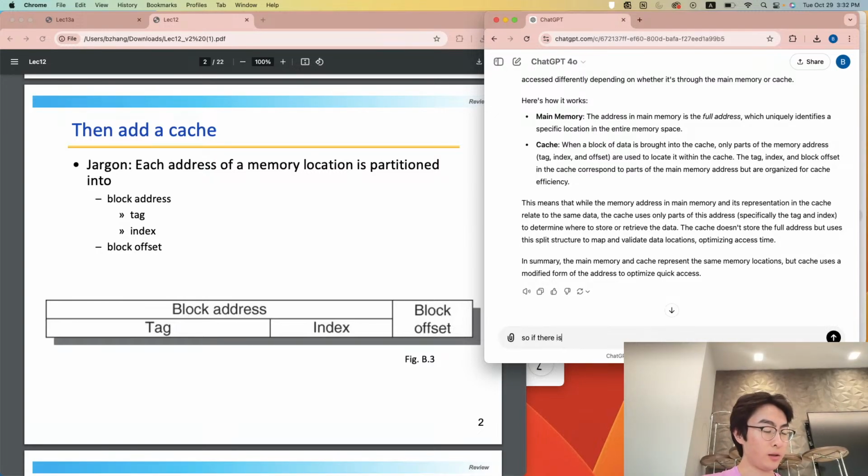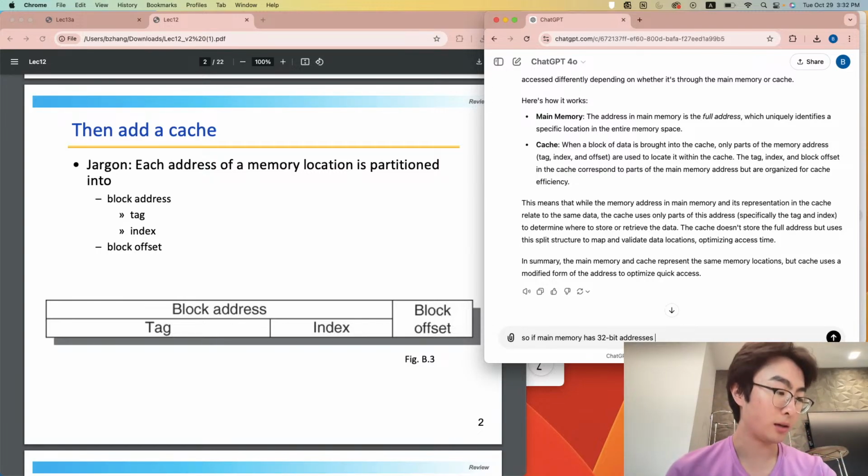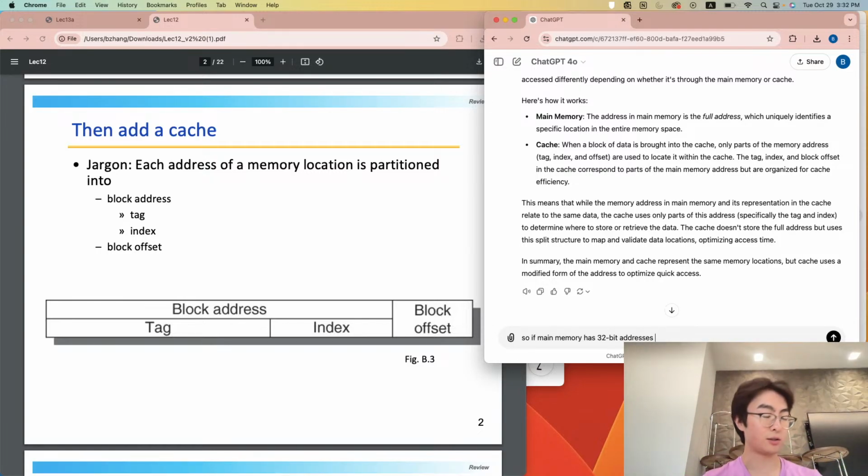So if there is a 32-bit, okay, wait, actually, so if 32-bit addresses, so, okay, each bit, I think, if you think about the number of bytes this represents, each memory address, let's say, represents 1 byte, then you have 2 to the 32.